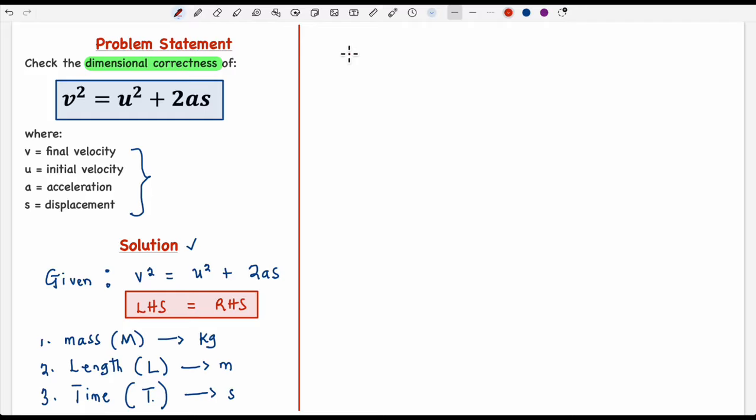three base units. So first we have v squared, which is on the left hand side of the equation, all right, and that is equal to u squared plus another term 2as, and each of these terms is defined for us, which is very important in solving dimensional analysis problems.